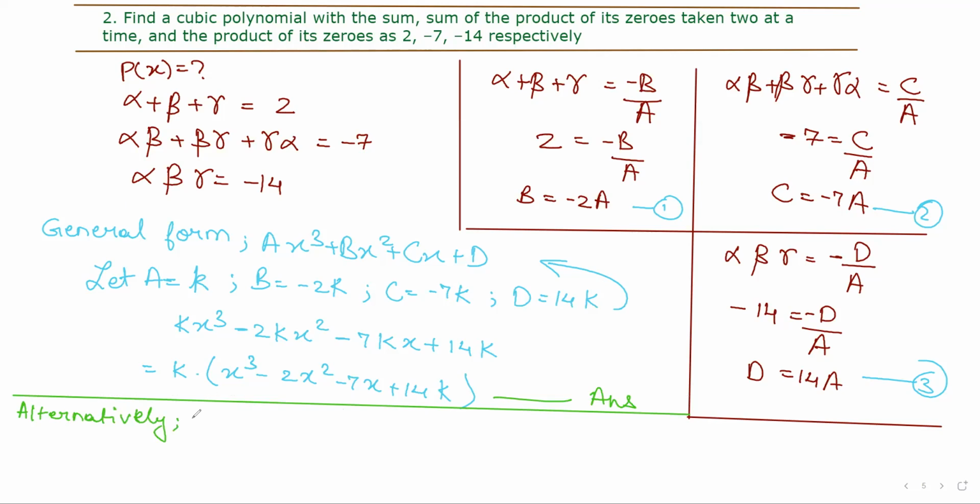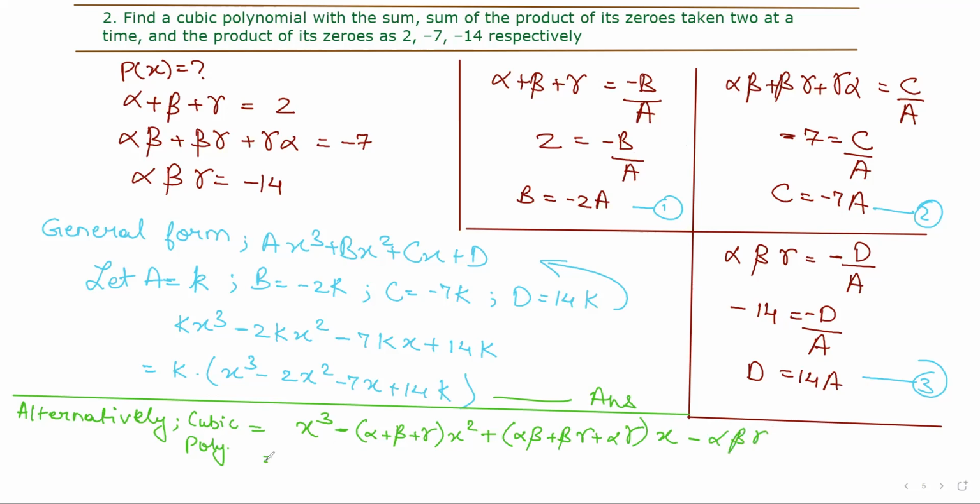The formula states that the cubic polynomial is equal to x cubed minus (alpha plus beta plus gamma, which is the sum of zeros) into x square plus (sum of product of zeros taken 2 at a time) into x minus the product of zeros alpha, beta, gamma.